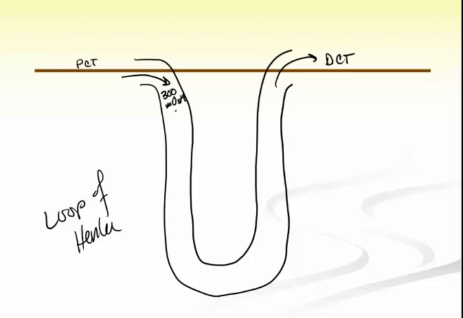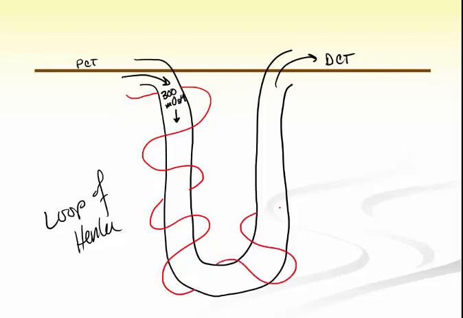As the filtrate travels down the descending limb, so descending for down, loop of Henle, you're going to get water reabsorption. So of course we have our peritubular capillaries wrapped around the loop of Henle to capture anything that's reabsorbed. Okay, and on the way down, there are only channels that are going to allow water to leave the filtrate and be reabsorbed. So what happens to a substance when we take water out of it?